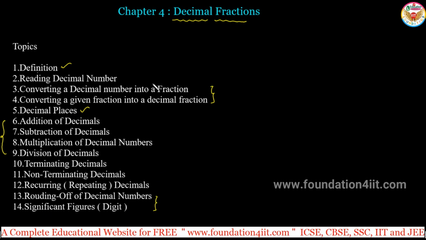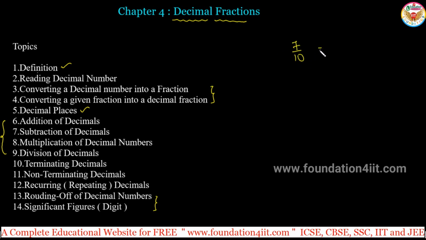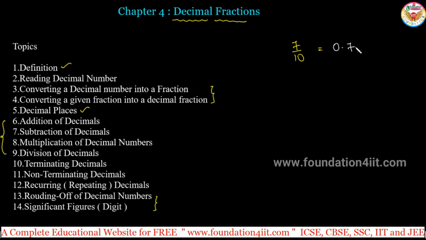First we will see what decimal fractions are. A decimal fraction or decimal number is a fraction whose denominator can be expressed as 10. For example, 7 divided by 10 is a decimal fraction because we can write it as 0.7.